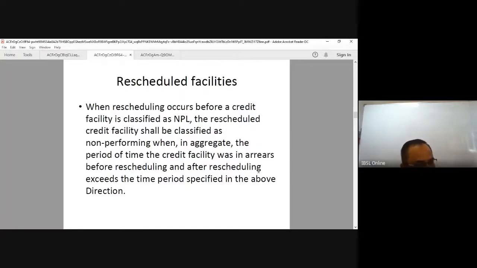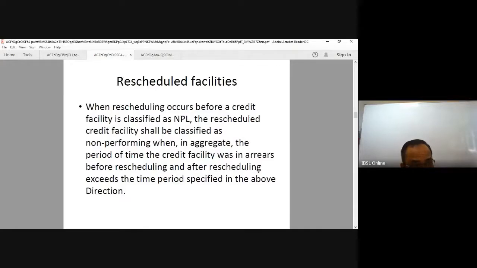For simplicity's sake, let us say the customer is not in a position to pay the 100 million loan. On the 60th day from the due date of an installment, it looks like the customer cannot pay. So what you do is restructure that.